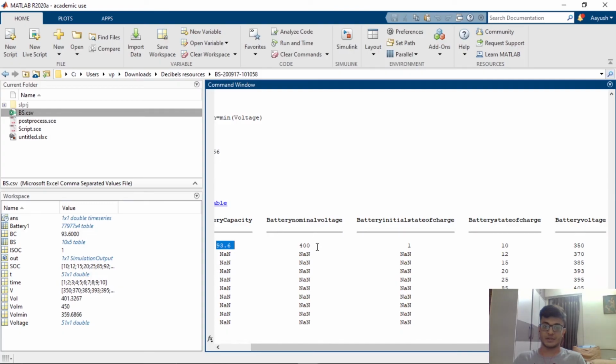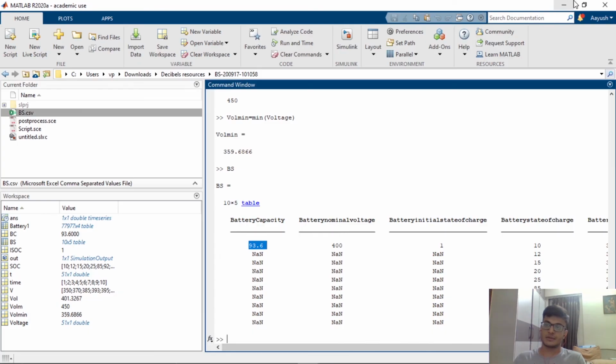This is the nominal voltage that we just saw in the results, that is, around 400 volts. This is the initial state of charge. This one represents 100%, that is, it is basically divided by 100. So this one represents that the battery is 100% charged. This is the battery state of charge and battery voltage relation. This is experimental data, and the values are extracted from it.